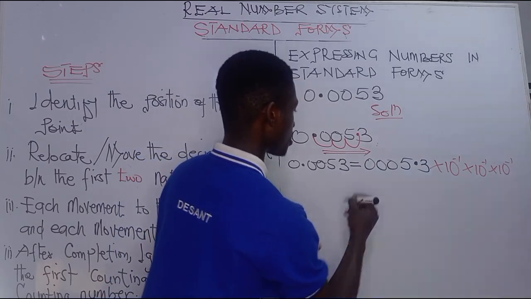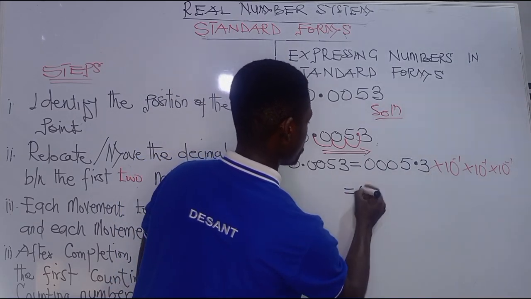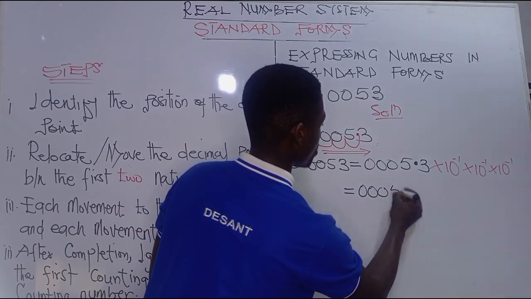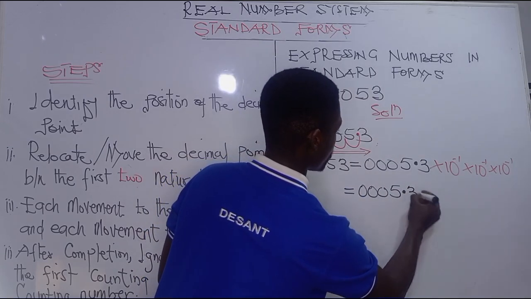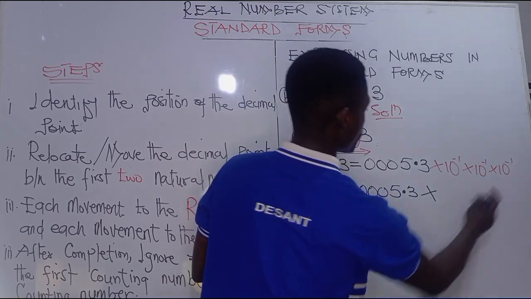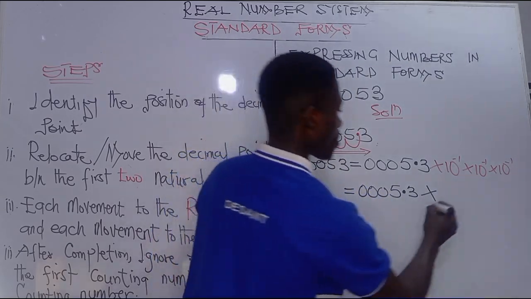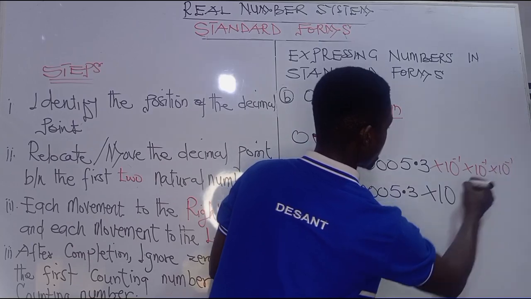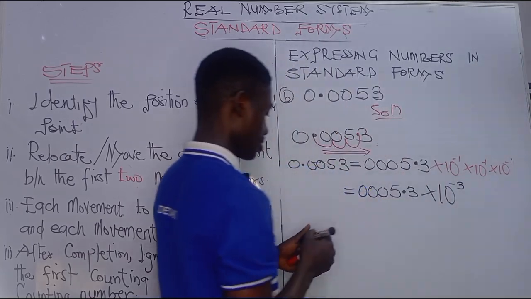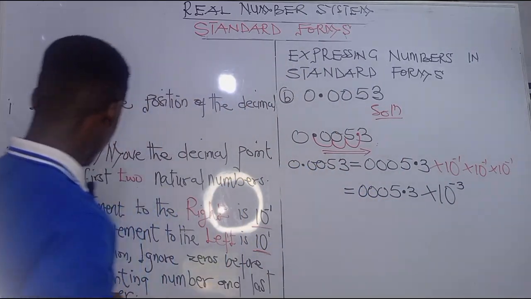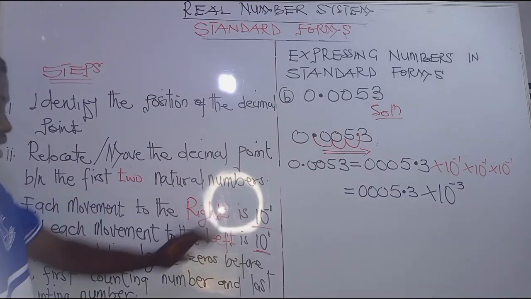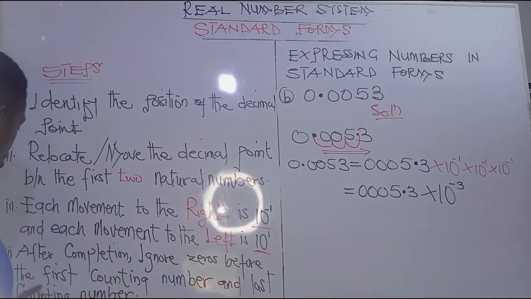Now let's perform some simple algebra. We have 0.3. Now indices, when the bases are the same, what do we do? We pick one of the bases, we add their exponent. Good. Now the last step says that after completion, ignore the zeros before the first counting number.